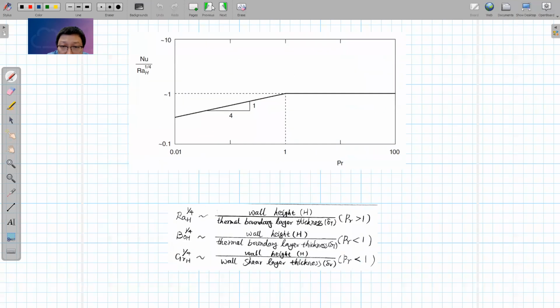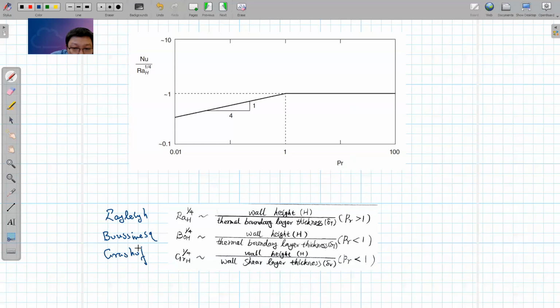All right, so let's go back to these 3 parameters we commonly use. We have the Rayleigh number, and we have the Boussinesq number, and we also have the Grashof number.